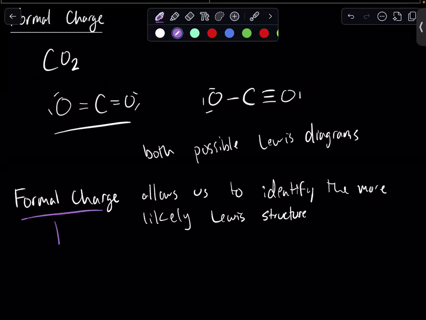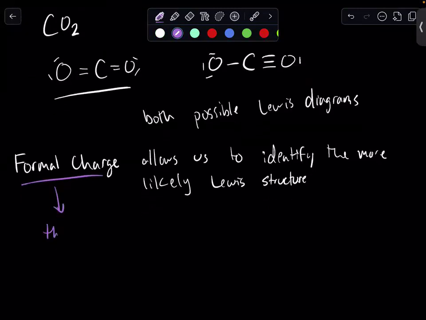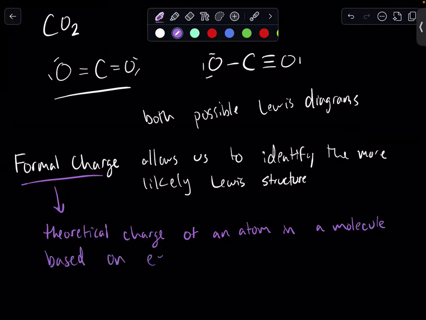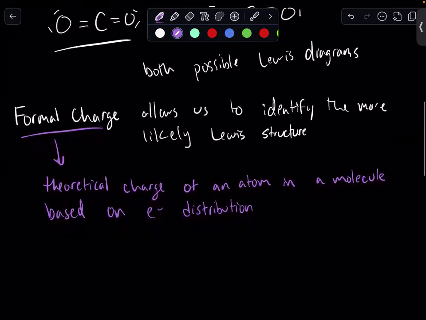Now, what is formal charge actually, for a real definition? Formal charge is the theoretical charge of an atom in a molecule based on electron distribution, which sounds very similar to our charges of atoms or oxidation states, but formal charge is a little bit different because it does something else.